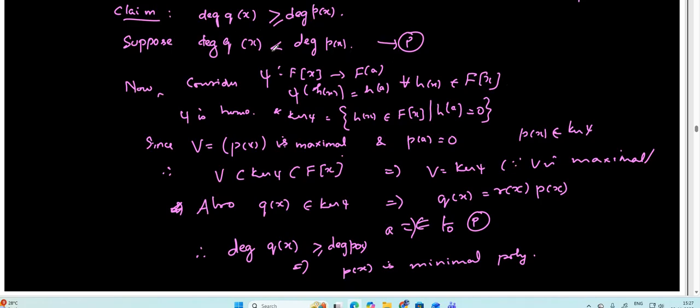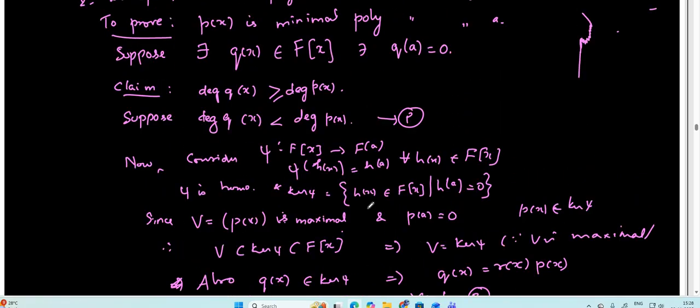Given the degrees of two polynomials, there are three possibilities: one is greater than the other, less than the other, or they are equal. If I assume this one, I am getting a contradiction, so there is no other way. We'll have to have this only to be true. So that concludes. From that we are able to conclude that p(x) is the minimal polynomial.